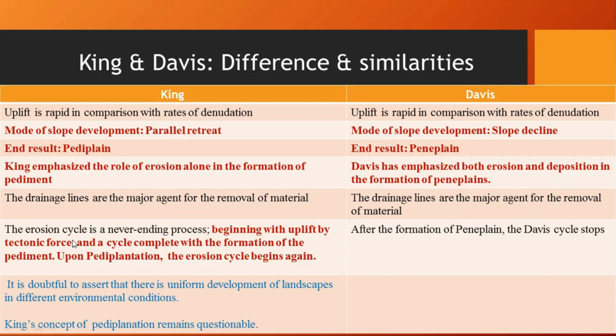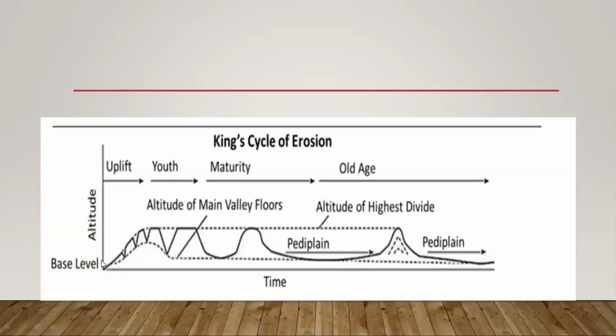According to King, the erosion cycle is a never-ending process. It begins with the uplift, the cycle is completed by pediment, and once it reaches pediplanation, again there will be an uplift. According to Davis, after the formation of the peneplain, the cycle will stop.